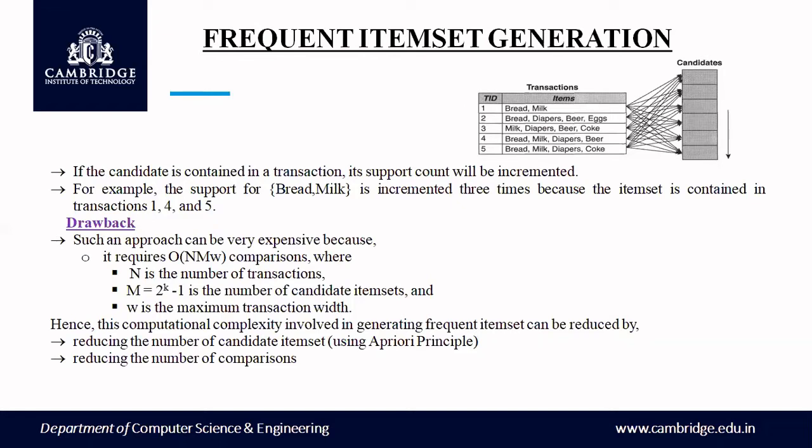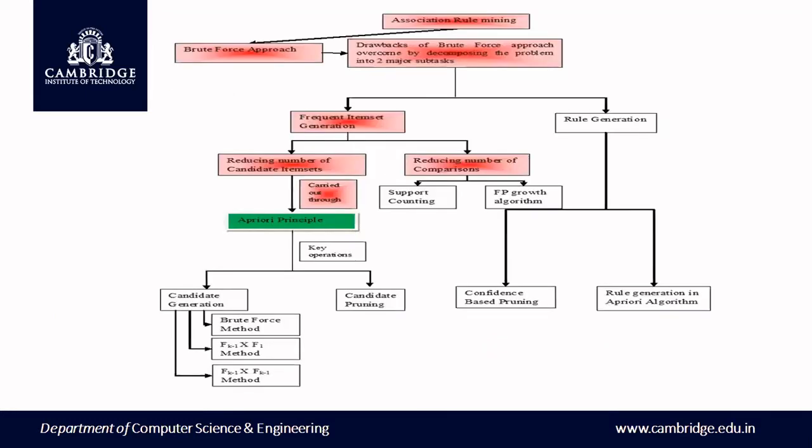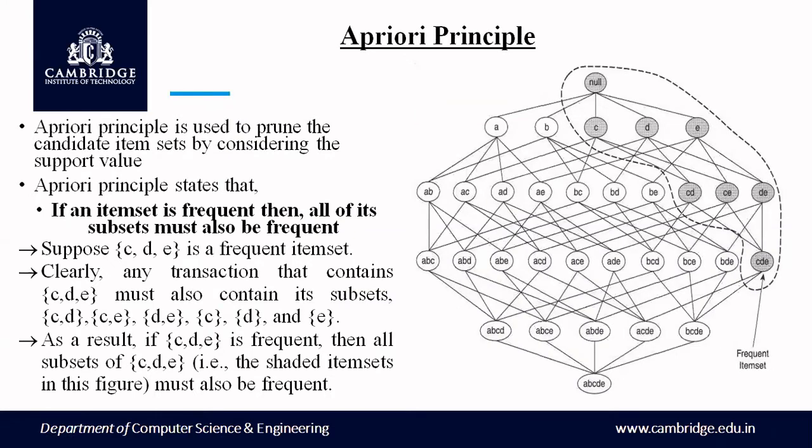The major aim is to reduce the number of candidate item sets and the number of comparisons. This reduction is performed by making use of the Apriori principle. So we are entering into the Apriori principle, which is why I have highlighted it in green. The Apriori principle is a very simple and direct approach.